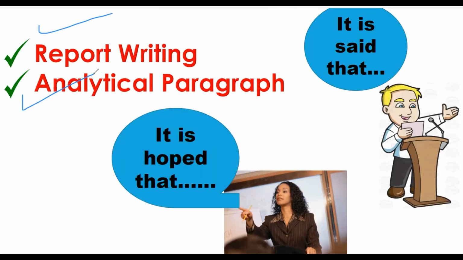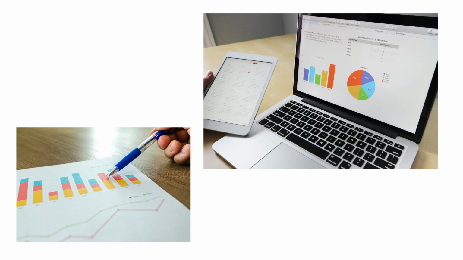Passive voice is mainly used in writing skills like report writing or analytical paragraph because in report writing, we generally give the information about what has happened rather than who has done it. Similarly, in an analytical paragraph, we give our opinion and we say what we can see on the graph or what we analyze from the table.